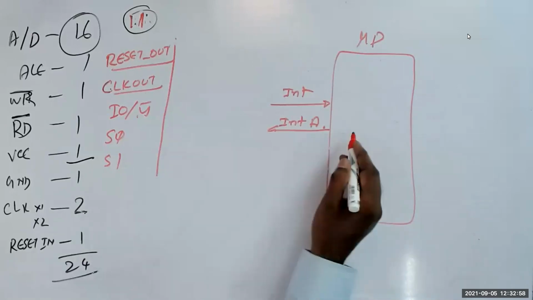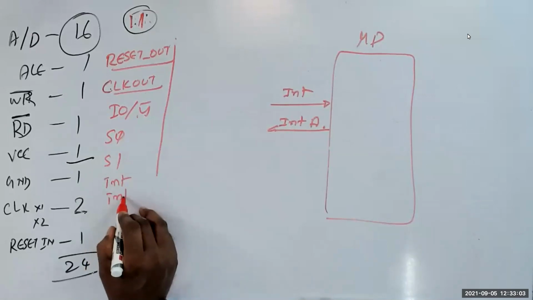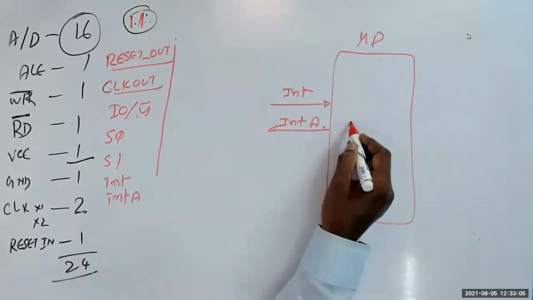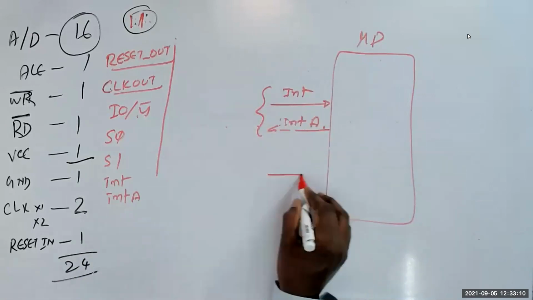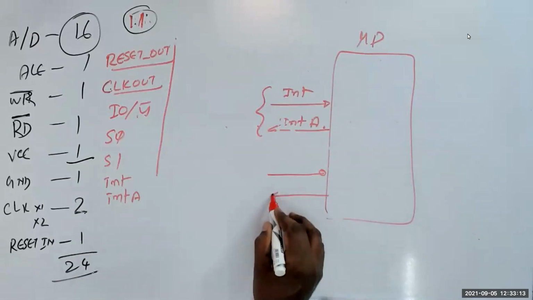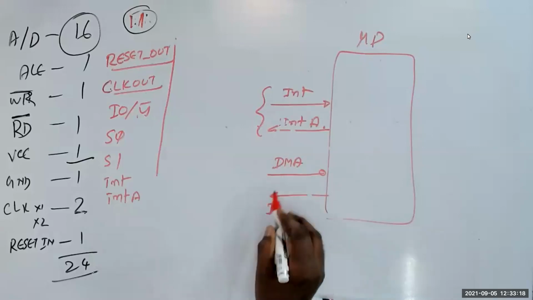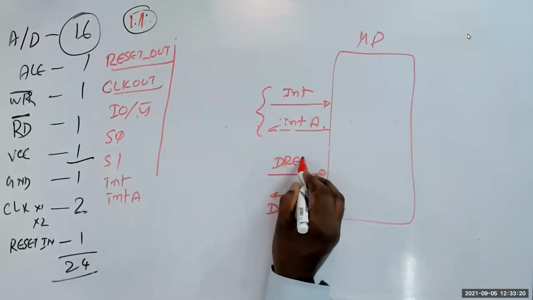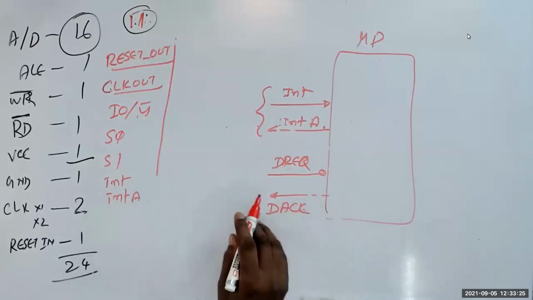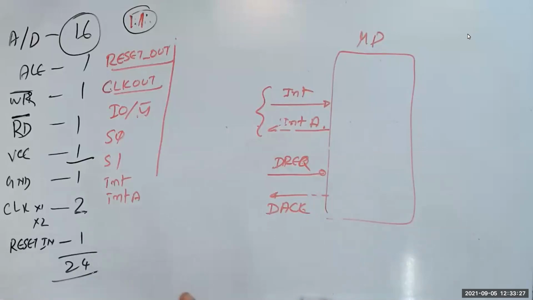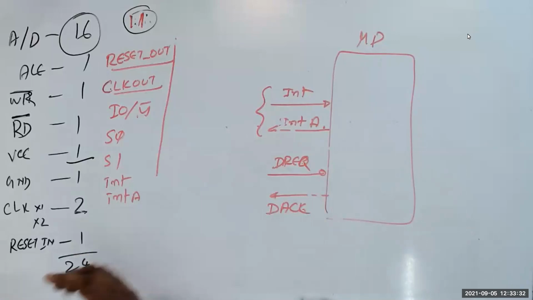Then you say, fine, I have done it. These are two pins. They are in a normal microprocessor and also in your 8085. In the same way, there are two pins called DMA request and DMA acknowledge. We will discuss all these things when we discuss the 8051 circuit. We will try to do an 8051-based circuit and do circuit analysis.